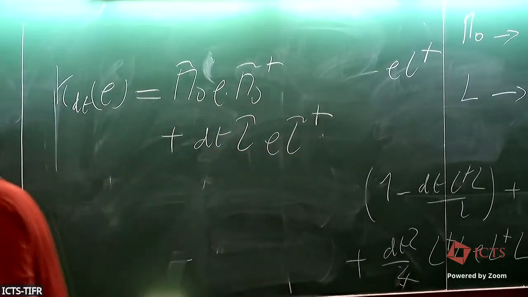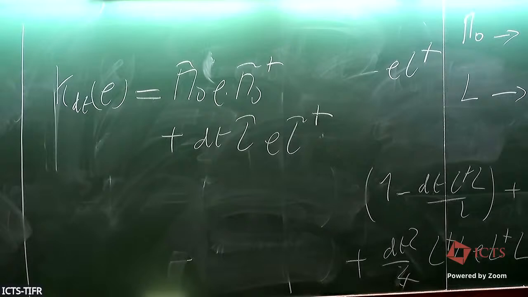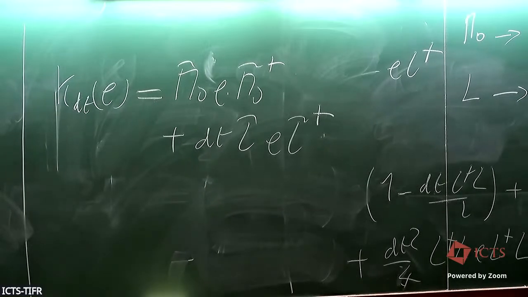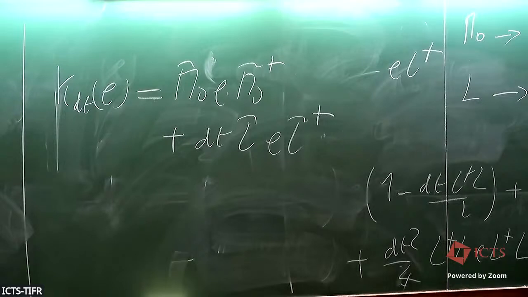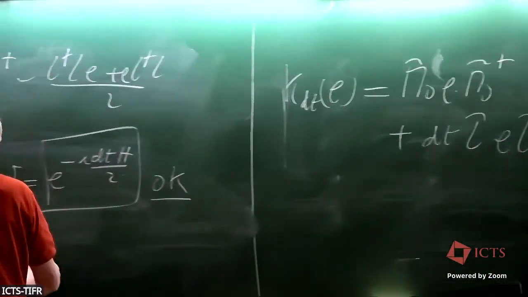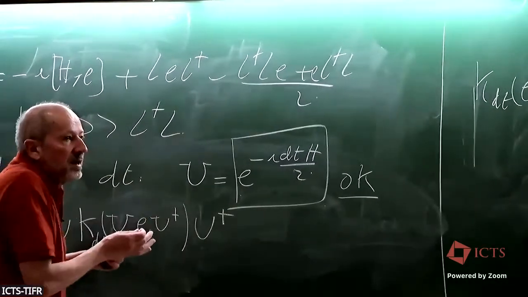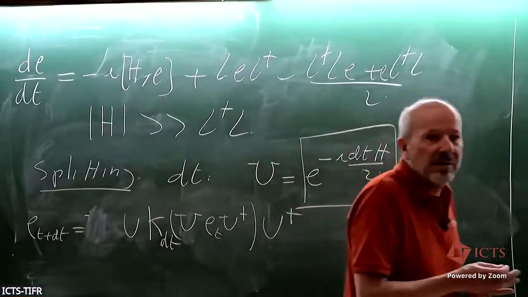Okay. So you split. You first take a half time step to use, in fact, Schrödinger. Then you use decoherence, and then you use this. In this case, you have a completely positive trace-preserving map, which is a numerical trick. But you need to have a good approximation of this guy. Otherwise, if H dominates, you have to use a small time step.